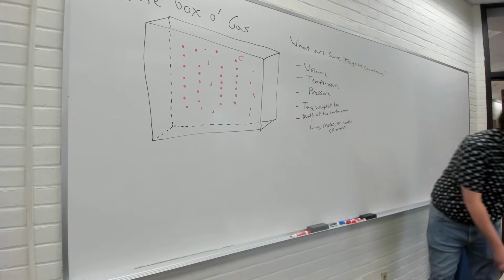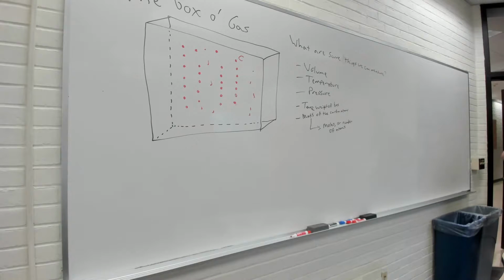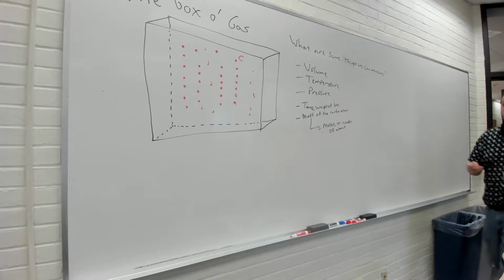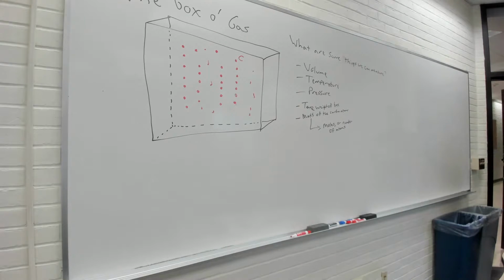That is going to be a much better number because the mass of something inside that box depends on the constituents. If you put 1,000 atoms in there, the mass could be different if it's carbon or if it's helium, but the number of moles is exactly the same, because the number of atoms is constant between those two species. So that's useful. What else? What are some other things we can measure?